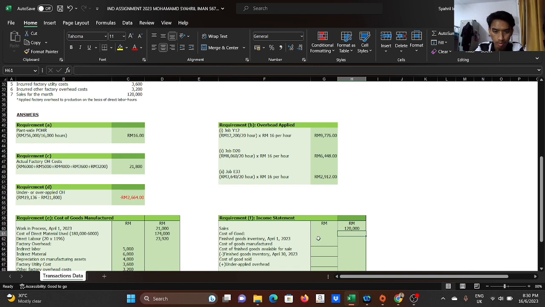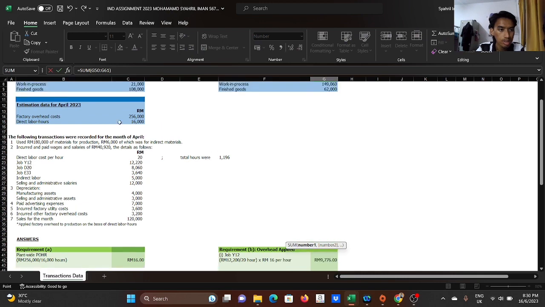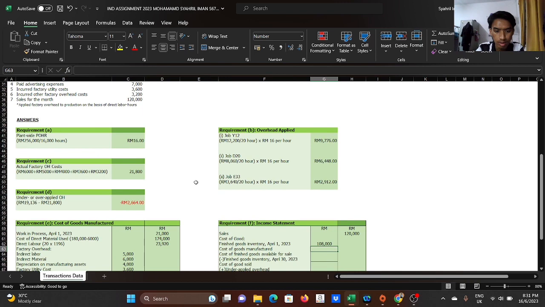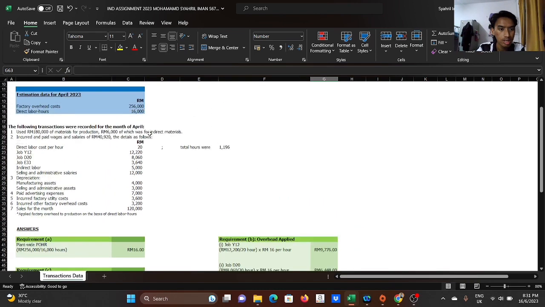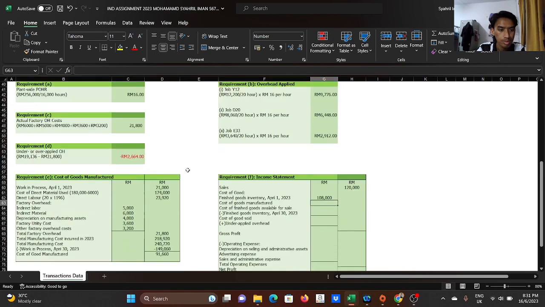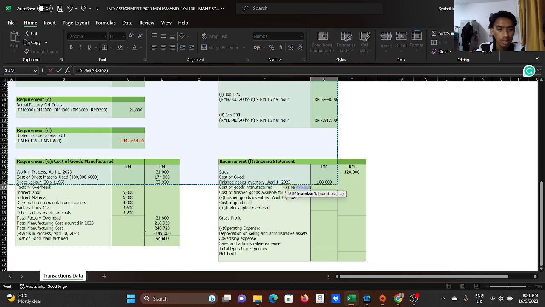First, we put the amount of finished goods inventory April 1, 2023, which from the question is 108,100,000. Next is cost of goods manufactured, which is 91,660, from the amount that we calculated earlier from question E.